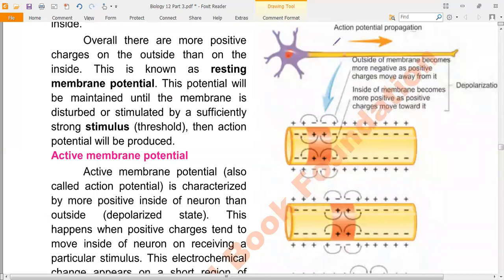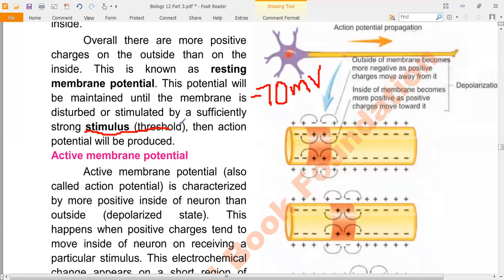Now take a look at this neuron, which is actually now conducting a stimulus. One thing was forgotten here: the resting membrane potential is minus 70 millivolt. We'll discuss it in the graph as well.